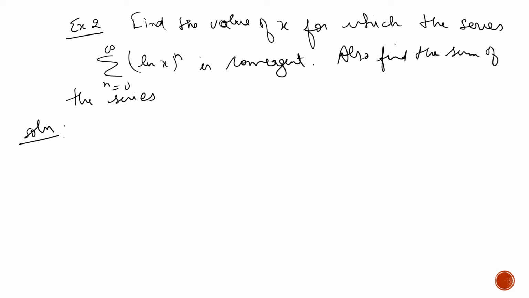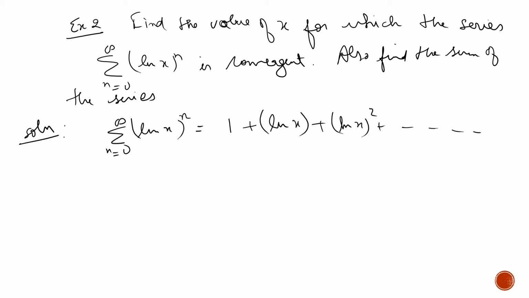So now you know that this is a geometric series. Since when you open it, put n equal to 0, you will get 1, then log of x plus this, and so on.